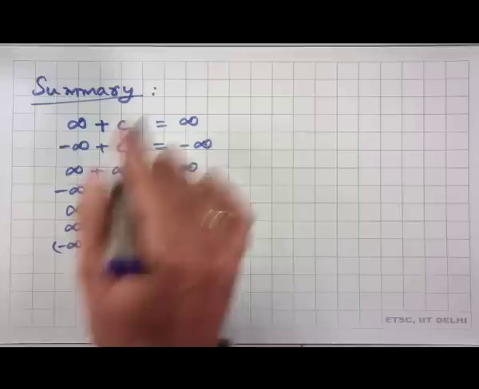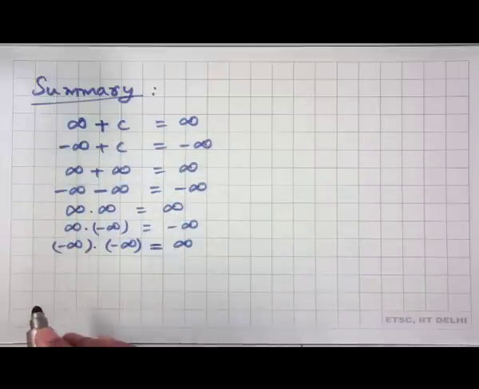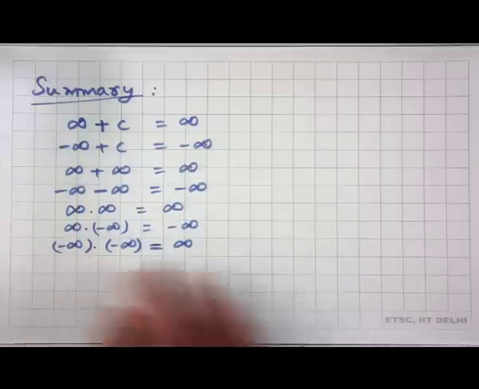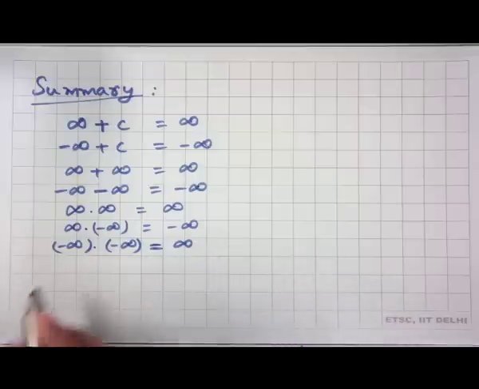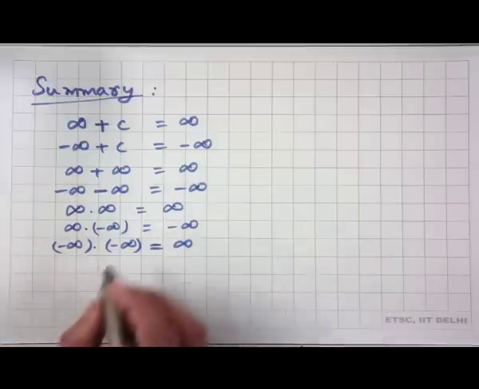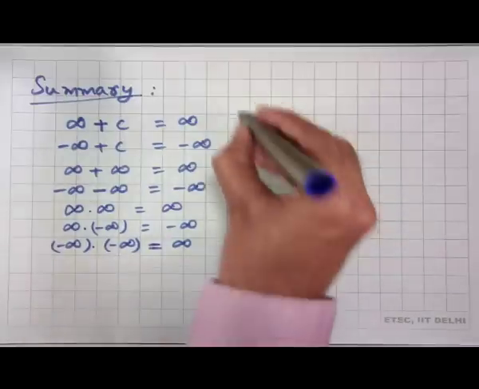So, in these cases the limits are determinate, these are given to be equal to this. Also some indeterminate forms.